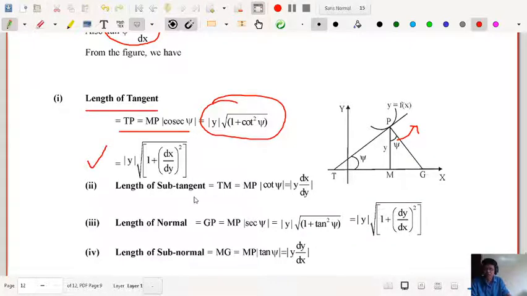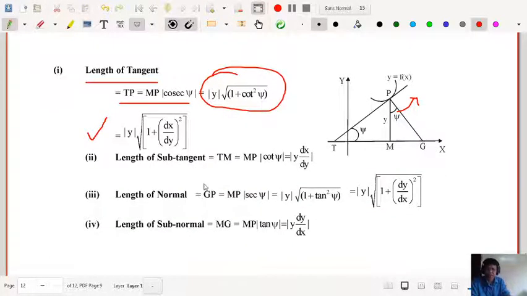So this is the length of the tangent. What is the length of the subtangent? It is TM, as shown in the diagram. By trigonometric calculation, it is given by mod of y into dx/dy.